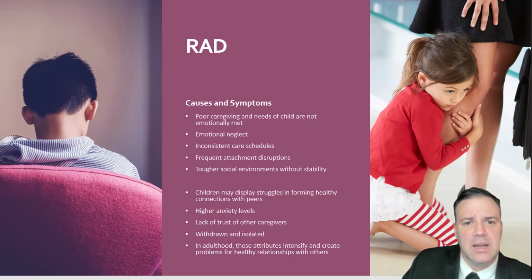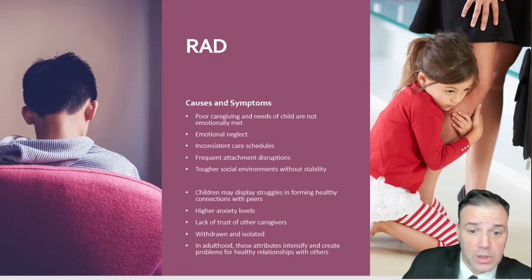Usually, it starts to occur in early child development, and that's due to poor caregiving, where the needs of the child are not emotionally met. Think back to Erik Erikson and that first stage of trust versus mistrust that a young human being encounters. Are their needs met? Is trust able to be manifested between the caregiver and the child?